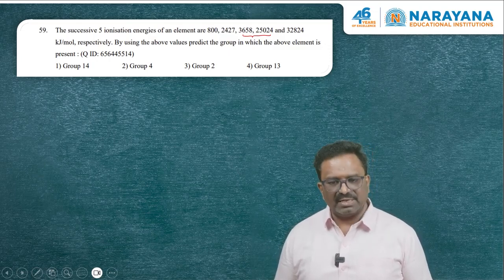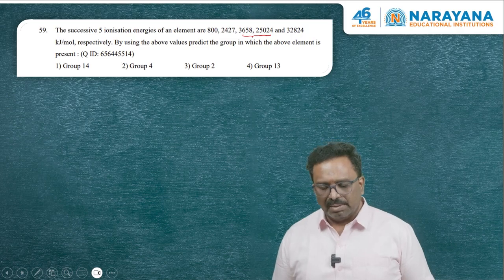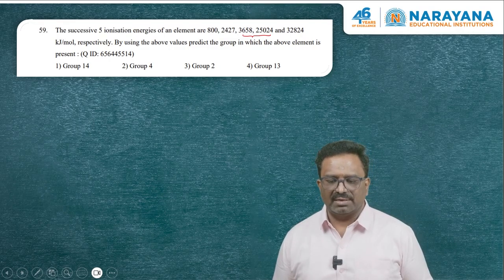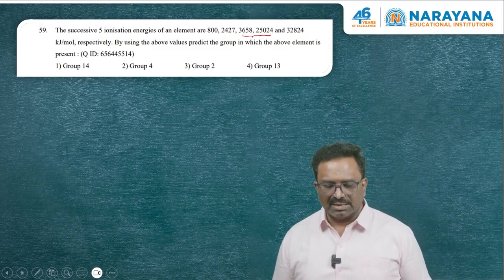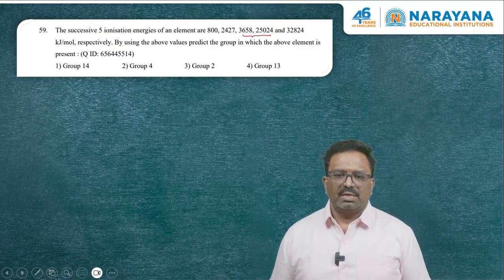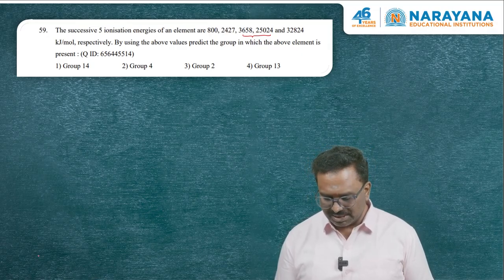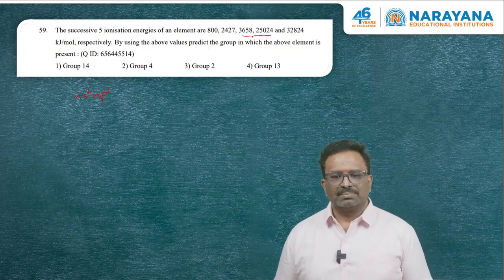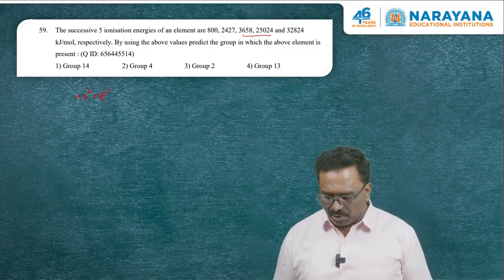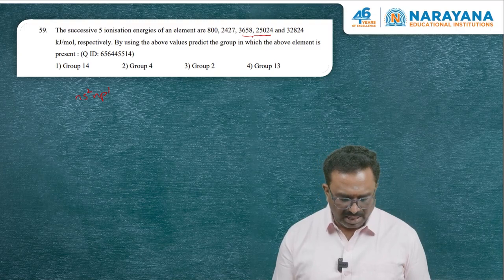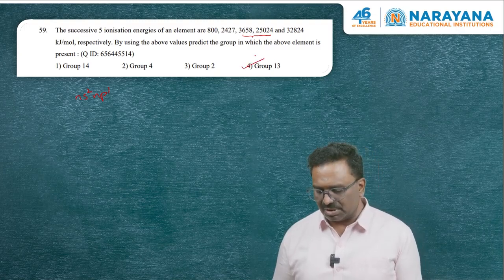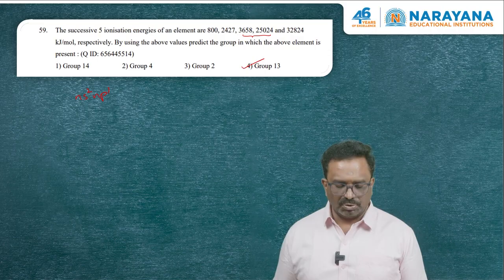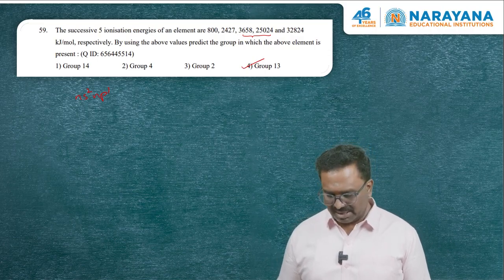When a larger jump happens, it indicates that removal of 3 electrons is easier, but 4th electron removal requires a very large amount of energy. That means 3 electrons are present with relatively less attraction. This is possible when the configuration is ns2 np1. That means 13th group elements have such an ns2 np1 configuration. So the 4th one is the more appropriate answer for this.